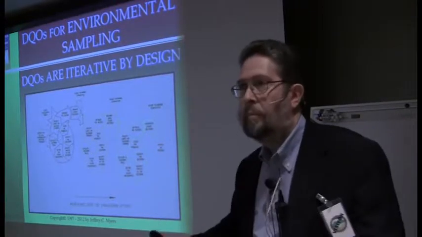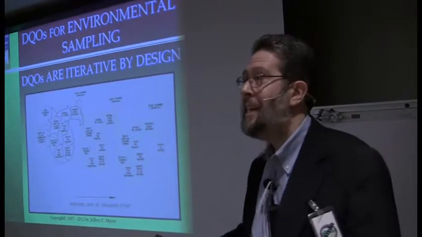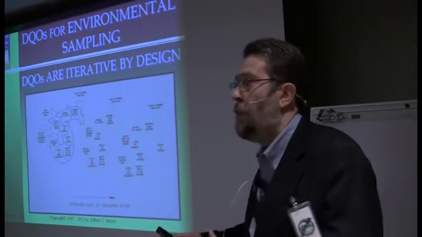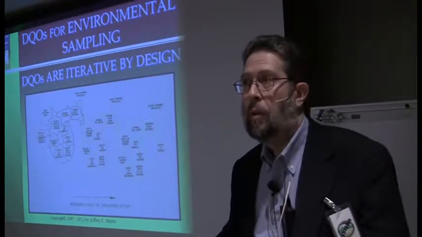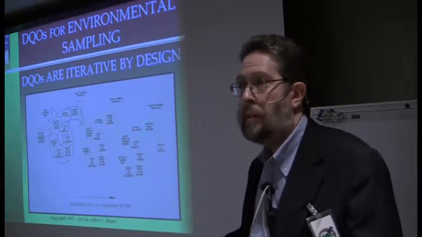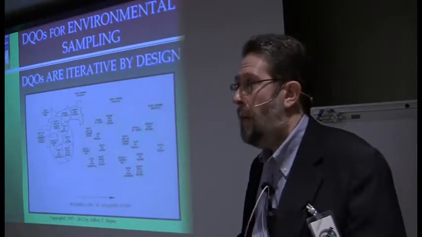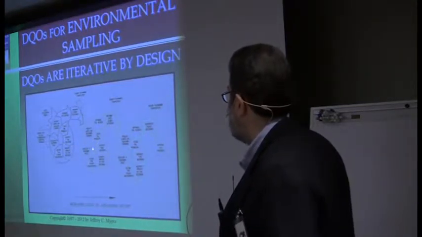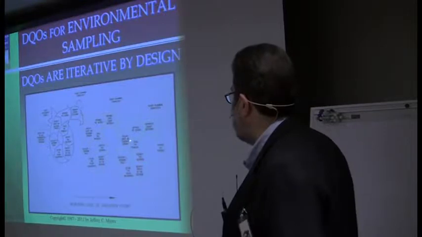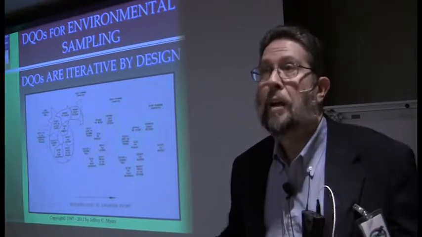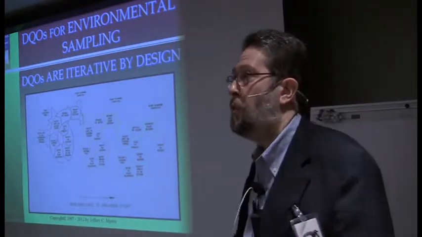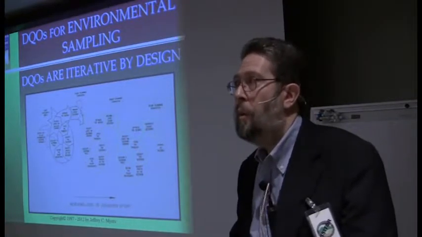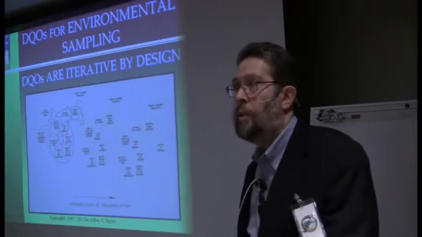Okay, now what do we do? Can we get it done in one fell swoop? Can we use the Triad approach, use field analytical? Or do we have to go in with the classic fixed lab approach? Maybe so. So maybe you do a field screening here, a Triad approach type, and then go back with a fixed lab for the final verification. I don't know. Lots of options, lots of ways to do this. But the idea is DQOs can change because you go through iterations.